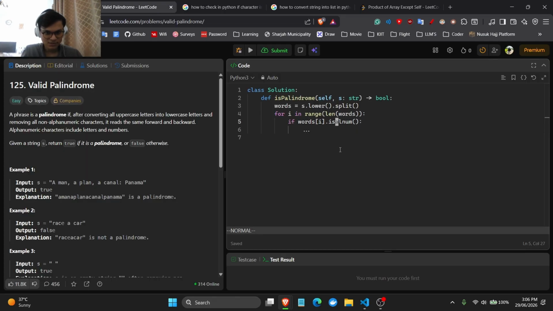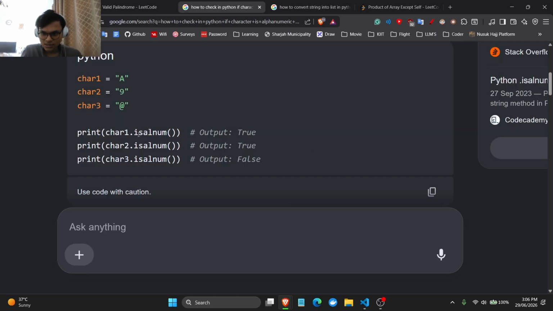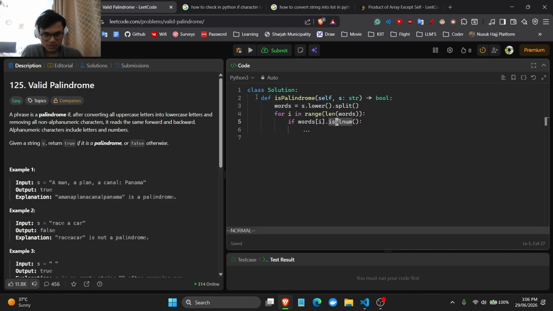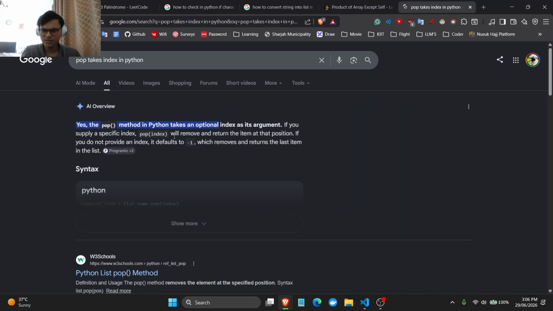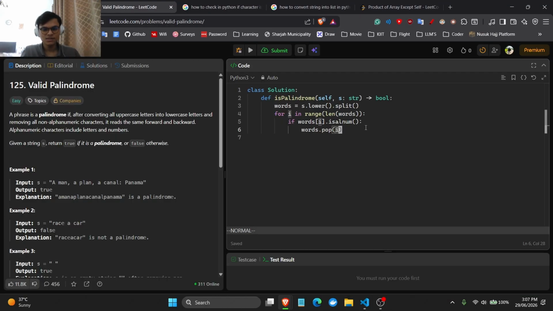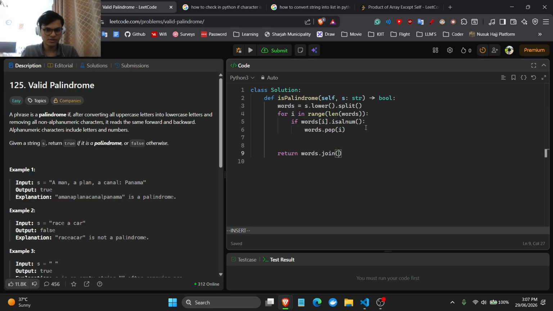Is okay. That's isal. I think something like this, right? Pop I. Pop takes index in Python. I think yes. If I'm correct. Yeah. So it takes index, and then I can return words dot join.